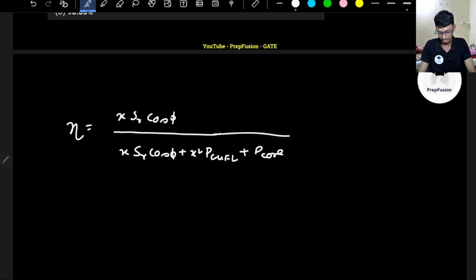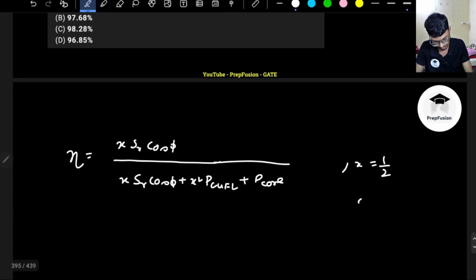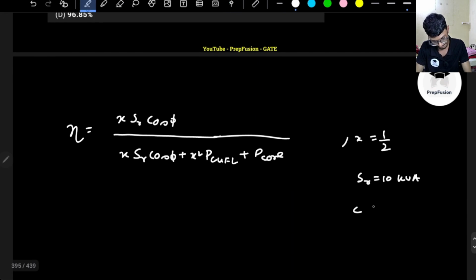So it is half load, so X will be half. SR is 10 kVA. And cos phi is 0.8 lagging.